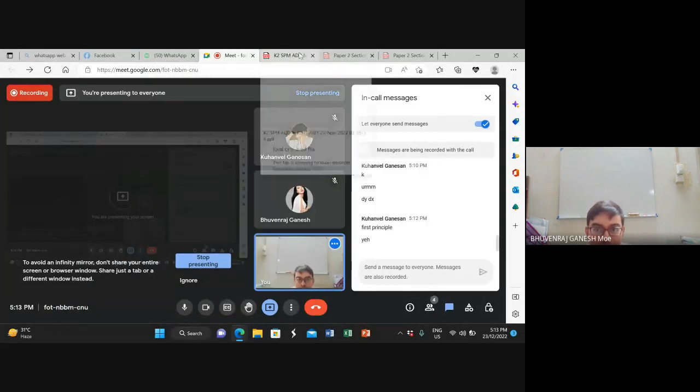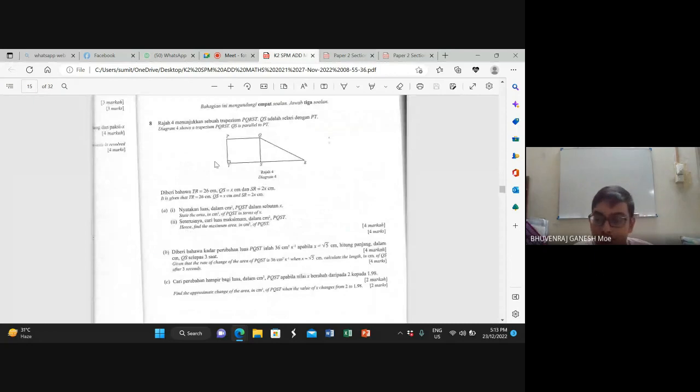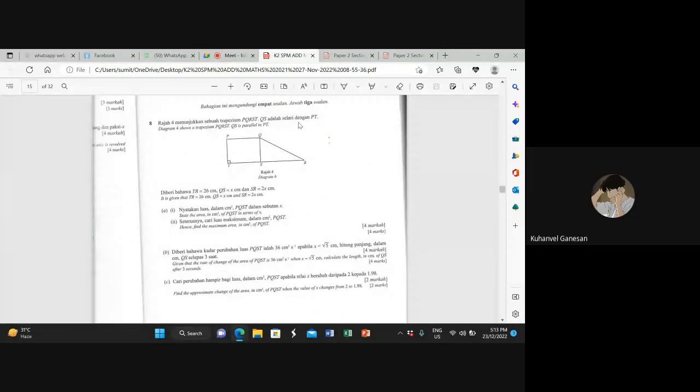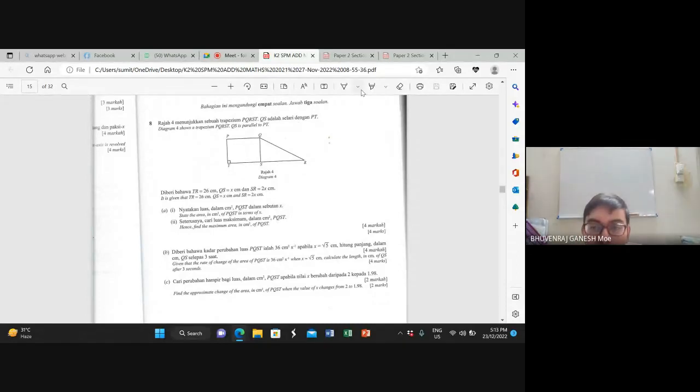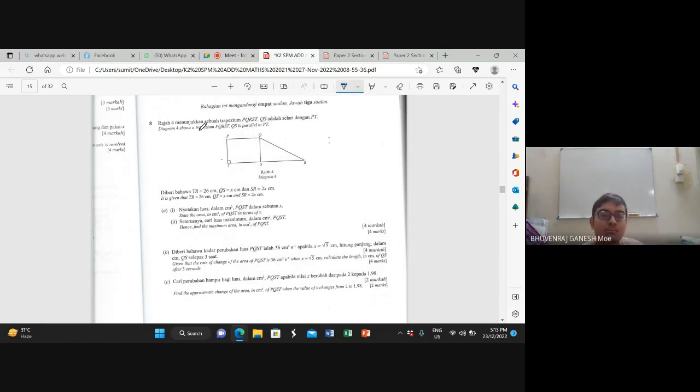Okay, so this is the one. Can you see, Kuan? Okay. The question says it shows a trapezium PQRST and QS is parallel to PT.